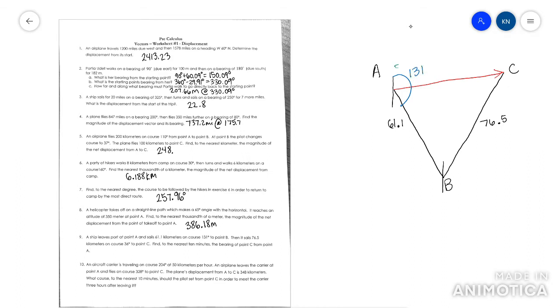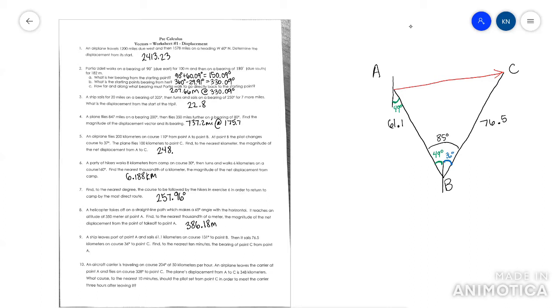So this green angle is 180 minus 131, which is 49 degrees. Now I just need this blue angle, which I can get because our second course was at 36 degrees. So this blue is 36 degrees, which makes this total angle 85 degrees.